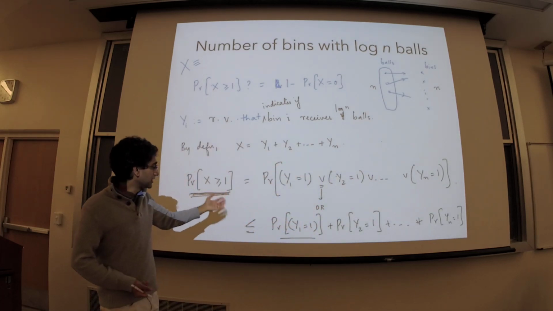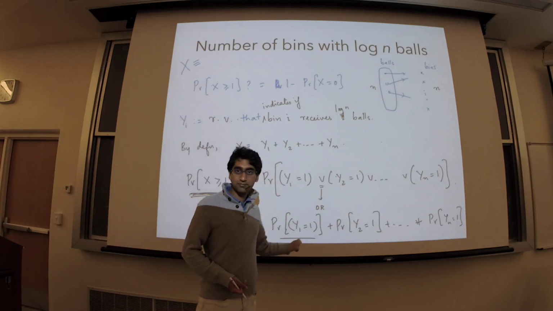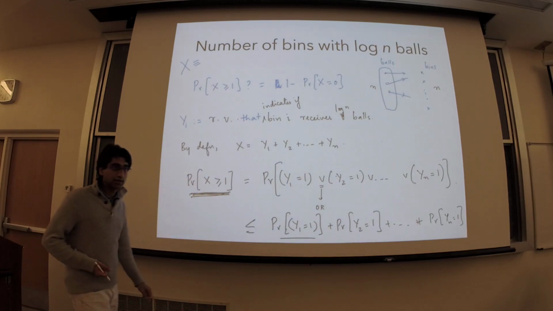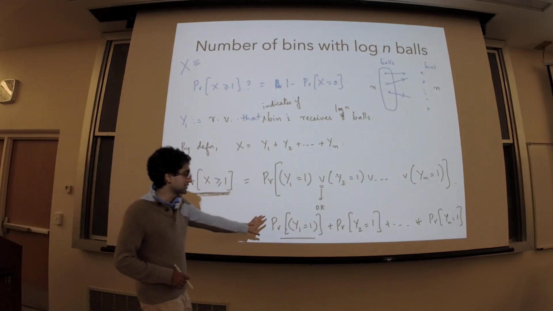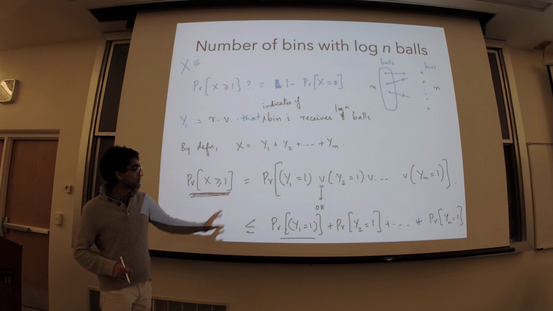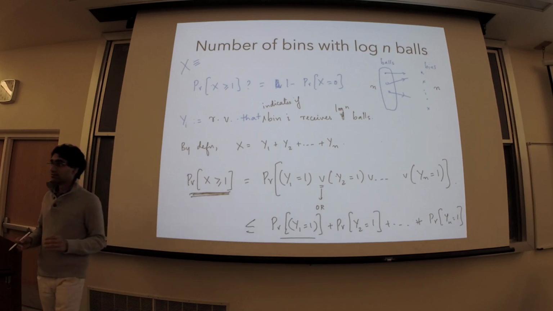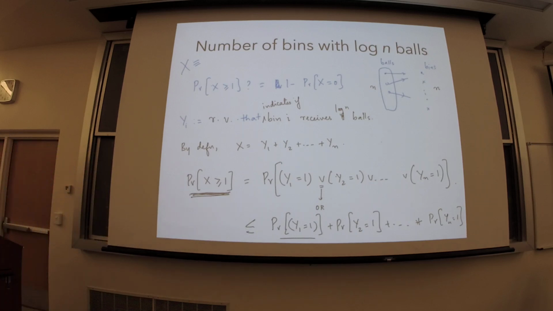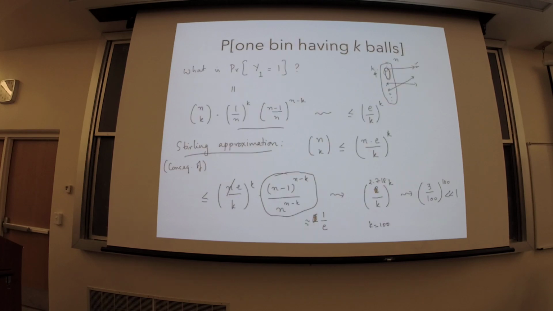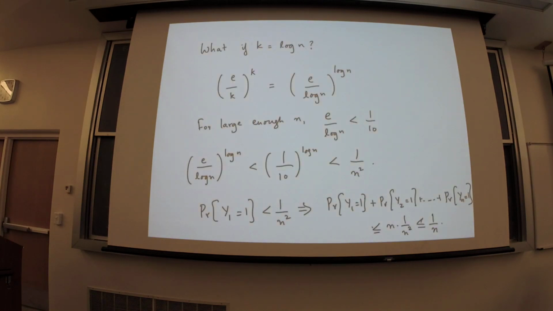Then you use the union bound to get something which is the sum. And then we bound each one separately, each one by 1 by n squared, and so the overall sum was bounded by 1 by n. That's what we did.